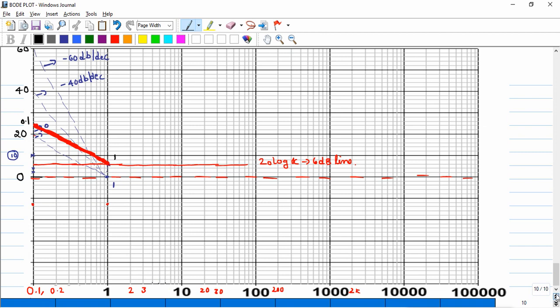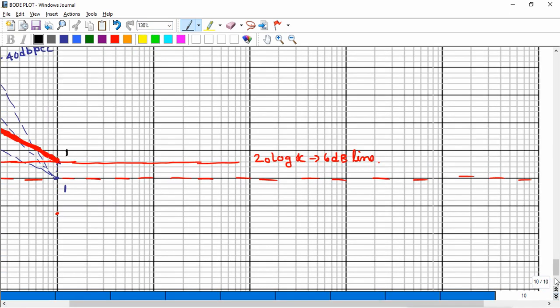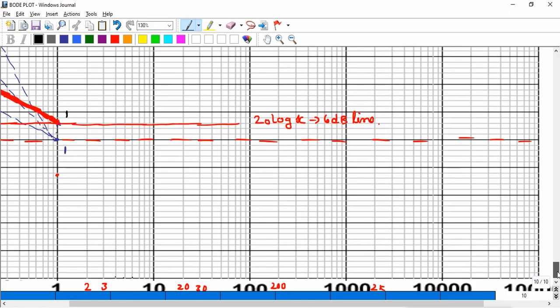Let me zoom it for you. Now from here I need to draw parallel to 40 dB. So we have a construction line that is minus 40 dB per decade.